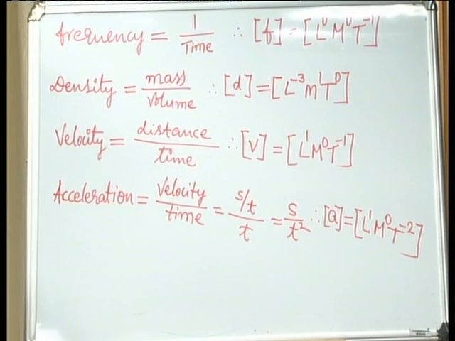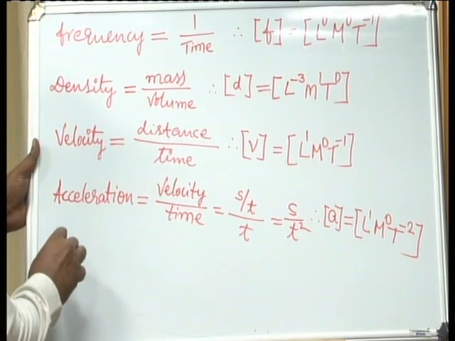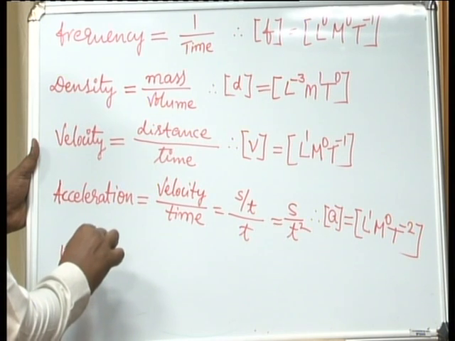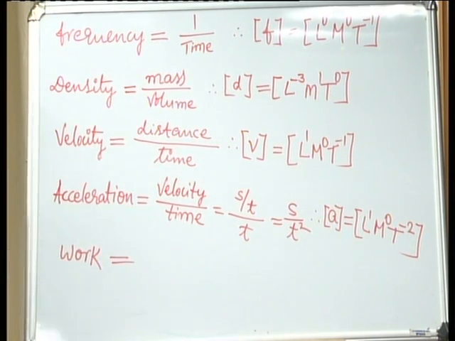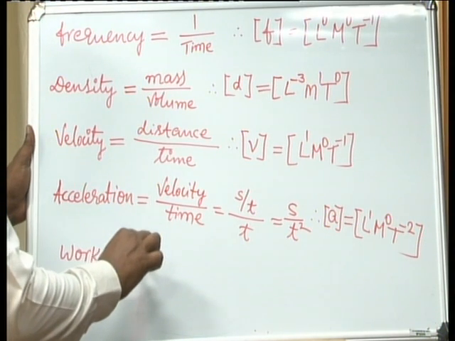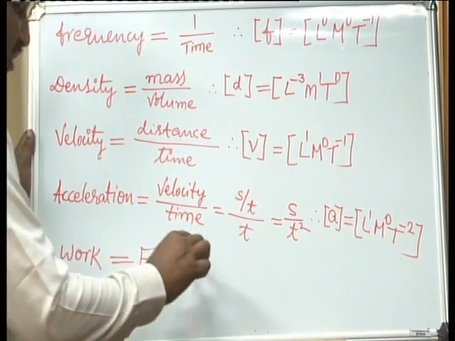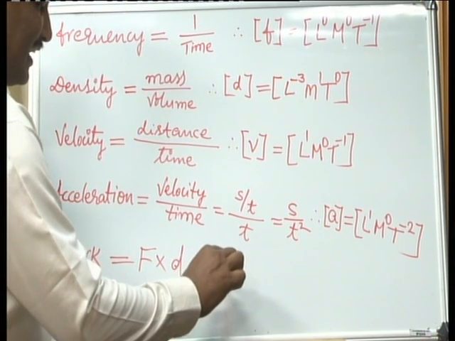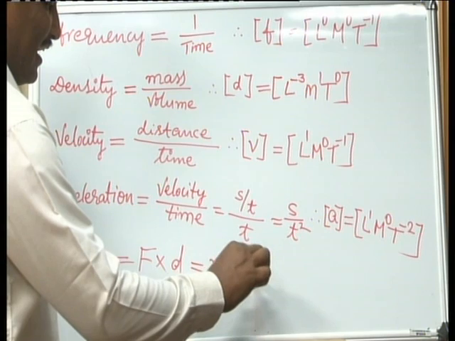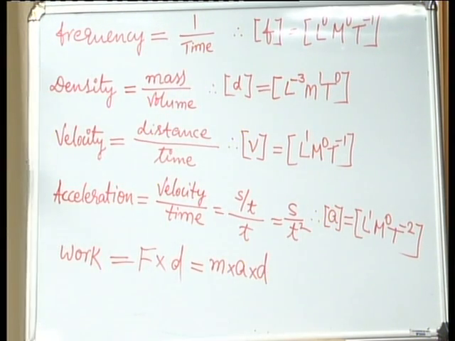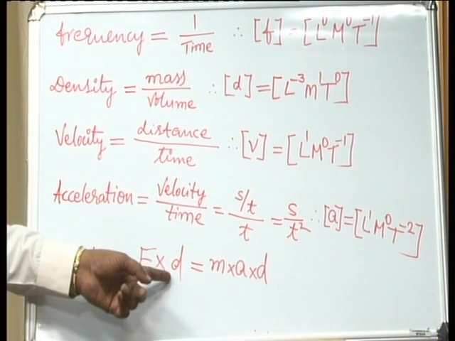Then velocity, acceleration, now you can write work. How can we define work done? It is the product of the force applied and the displacement made by the body under the influence of the force. But force is not a fundamental quantity. So, you can define force further according to Newton's second law as mass into acceleration, into d. Again, mass is a fundamental quantity, and displacement is also a fundamental quantity.